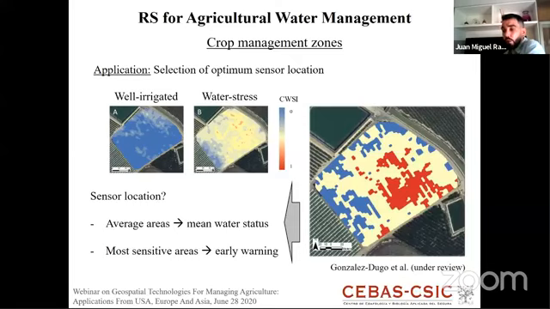However, another alternative could be installing the sensor in those areas that are most sensitive to water stress, which will provide an early warning about water shortage. But at the end, this decision depends on what is the objective that we want to meet.